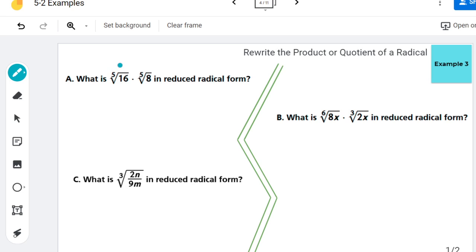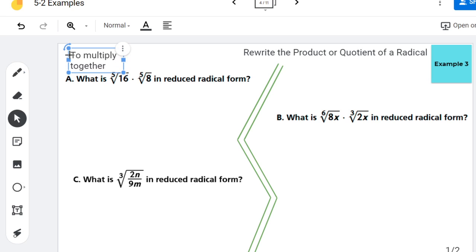All right, so I'm going to make myself a little note here: to multiply together roots, they must have the same index. And that comes from the fact that when you put it in exponential form, you can't add fractions that don't have common denominators. That's a thing.